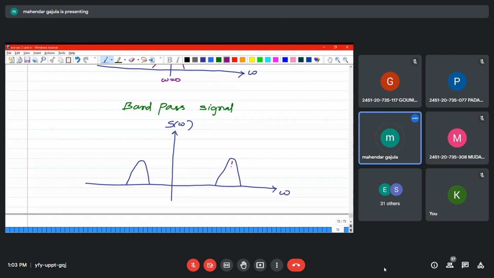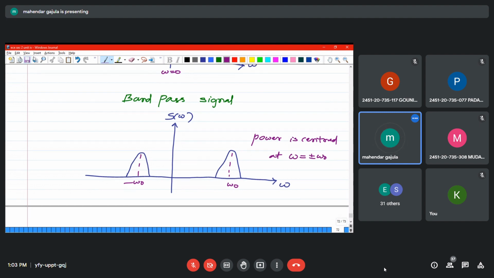Let me say this is plus ω0, and this is minus ω0. In this, power is centered at ω equal to plus or minus ω0. Those kinds of signals are called band pass signals.